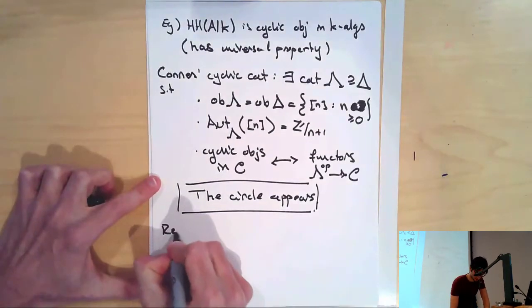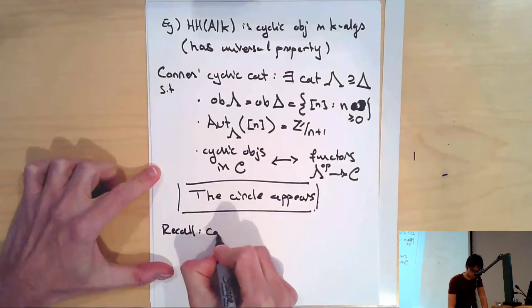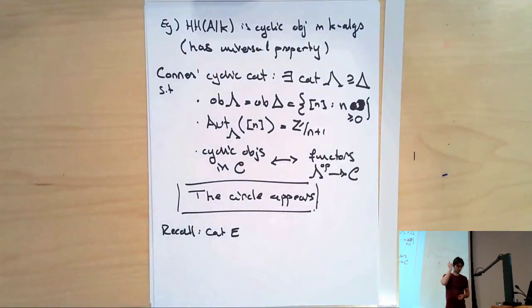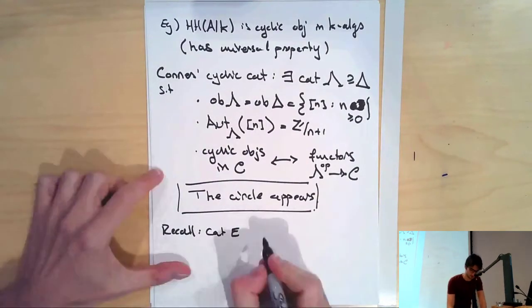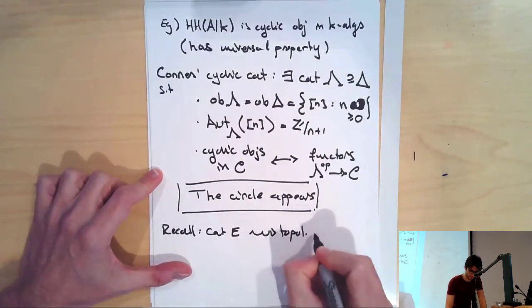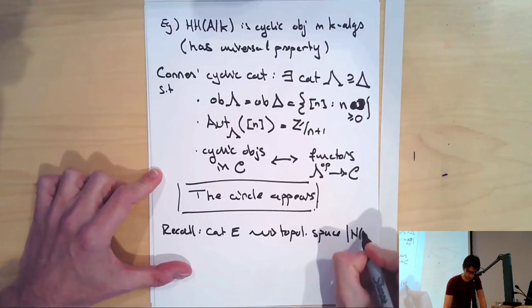So recall, if we've got any category, we can produce a topological space. I think of this category as being something of a combinatorial flavor, like delta, or like this cyclic category, though it could in fact be anything. We can associate to that a topological space, namely the geometric realization of its nerve.